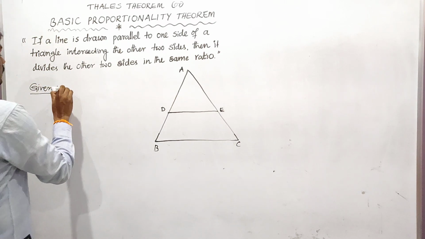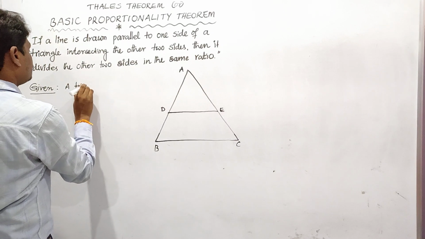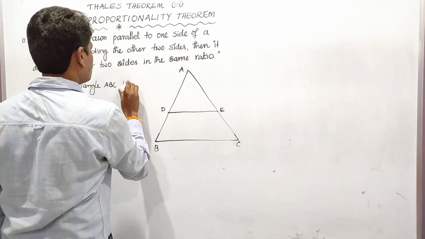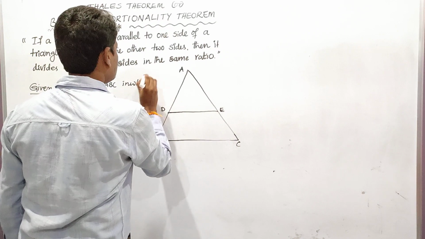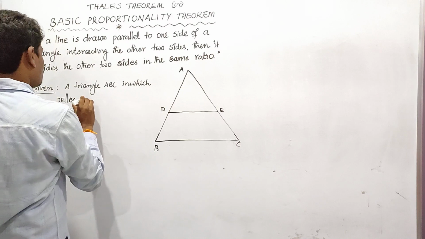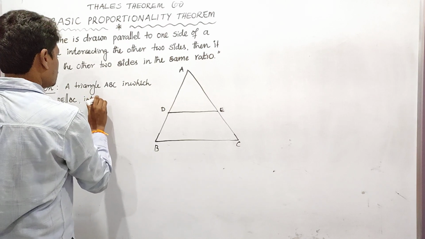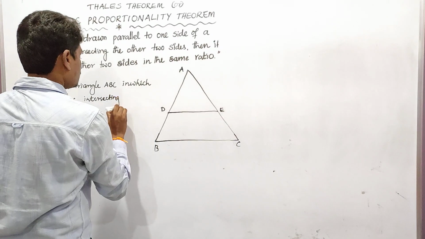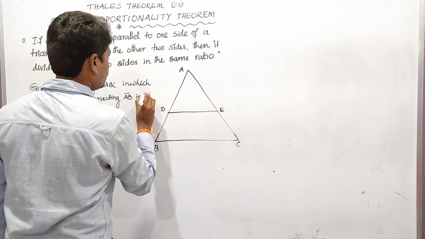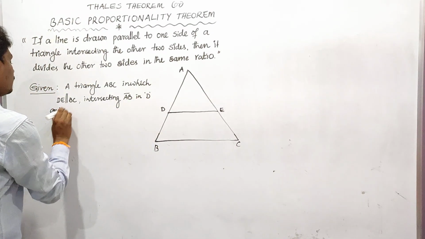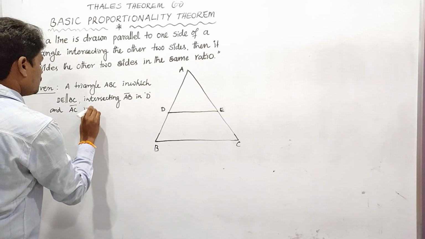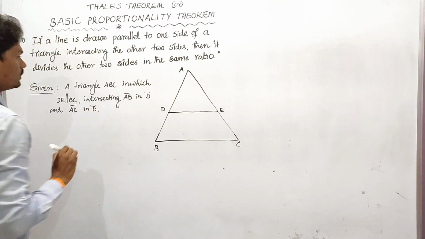So this is given, student: a triangle ABC in which DE is parallel to BC, intersecting AB in D and AC in E. So see, student, this is a given.